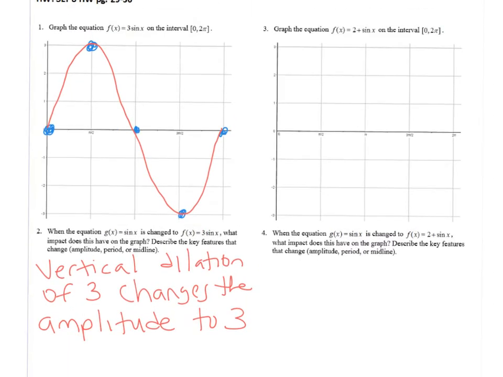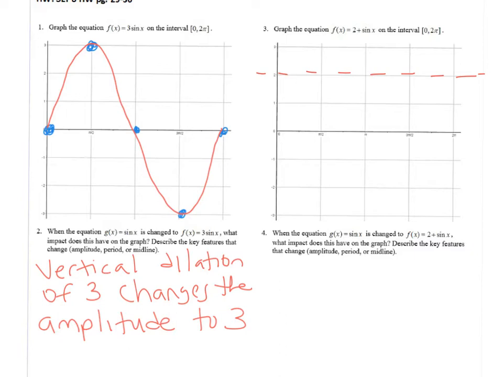So now for number 3, we have 2 plus sine of x. Well, we know that plus 2 is a vertical shift or a vertical translation of 2. So I'm going to do a dashed line at 2, because what that helps me is keeps my eye is that 2 now is going to be our midline. So instead of the x-axis being the midline, the midline y equals 2 is our midline.